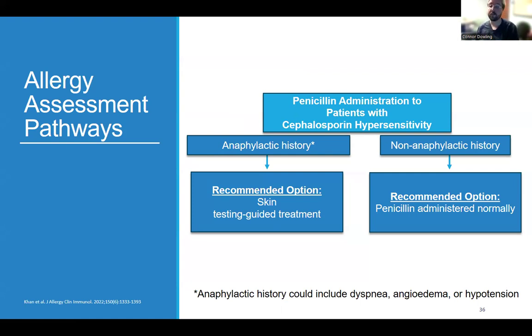When a patient has an anaphylactic history of a cephalosporin allergy, thinking of shortness of breath, angioedema, hypotension, or hives with associated organ involvement such as nausea, vomiting, or hypotension, we would want to go down the skin-test guided treatment pathway and, in our situation, avoid administration. However, if it's a non-anaphylactic history, such as a ceftriaxone rash after administration, we could go ahead and give our penicillin normally, or as a drug challenge if someone wanted to do it that way.